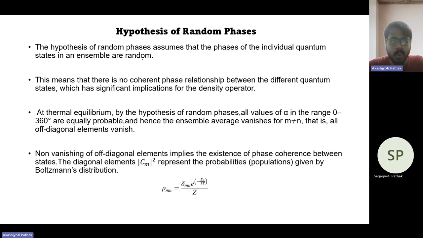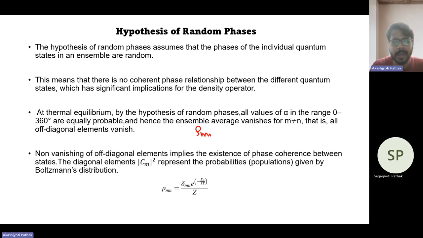This means there is no coherent phase relationship between the different quantum states, which has significant implications for the density operator. At thermal equilibrium, by this hypothesis, all values of the alpha state in the range 0 to 360 degrees are equally probable, and hence the ensemble averages vanish for m not equal to n.